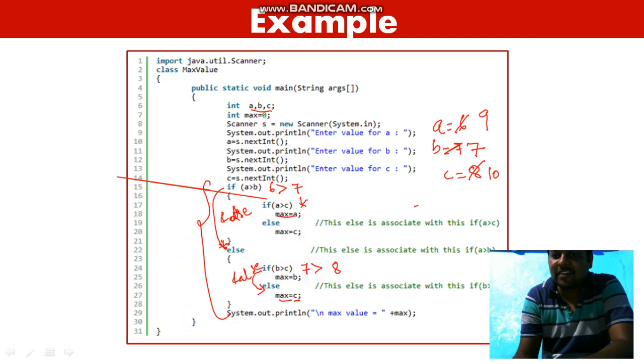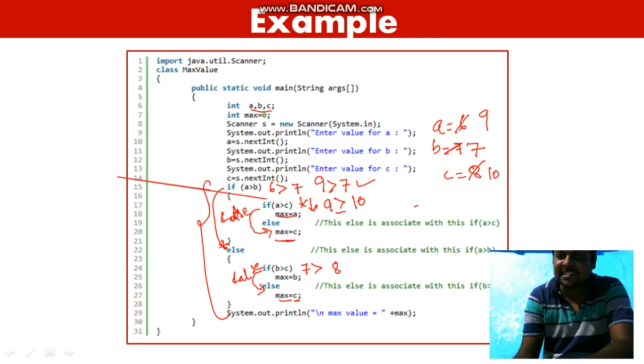First the a value will be checked: 9 greater than 7. Yes, it is true, so it will enter. And a greater than c, 9 greater than 10, the condition will be false, so immediately it will go to the else statement. At that time max is assigned the c value 10.